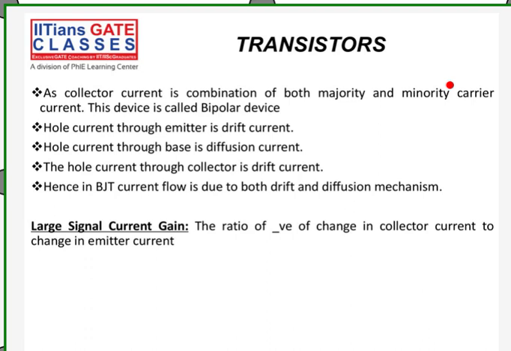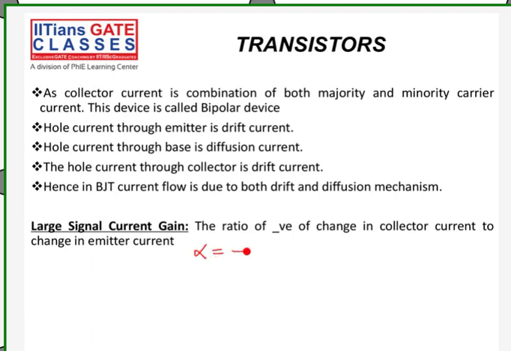Current gain means current divided by current. So the change in collector current to the change in emitter current, and the negative of that is called the large signal current gain. And it is represented by alpha. So this is not alpha T, it is alpha.